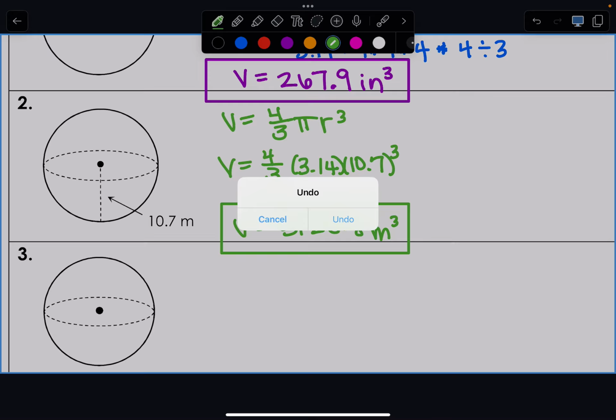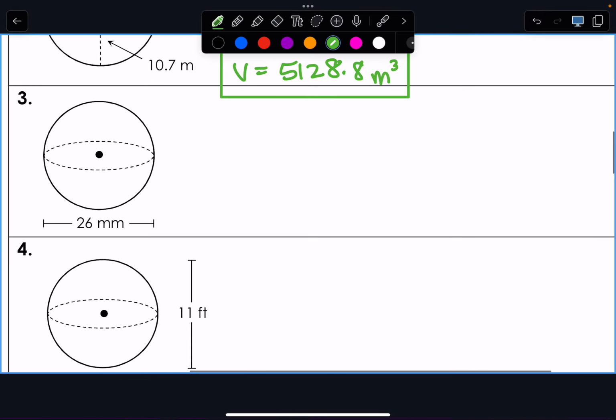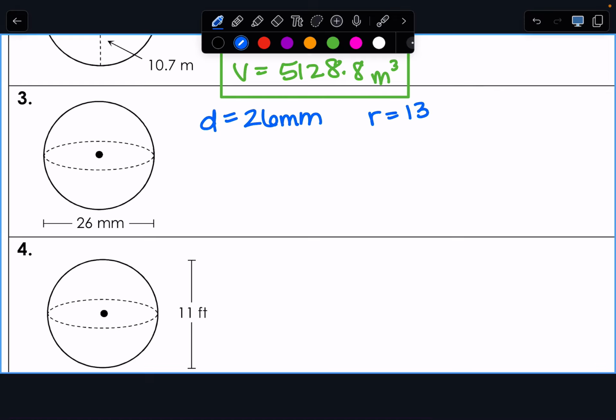Okay. Now, look at number 3. What is number 3 giving us? They give us the diameter is 26. So if the diameter is 26, what's our radius? Our radius is 13, okay?